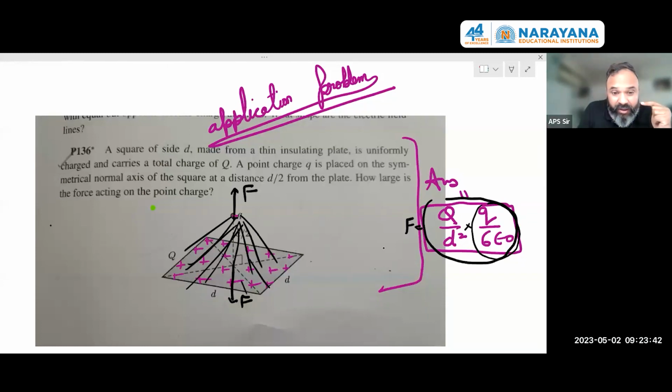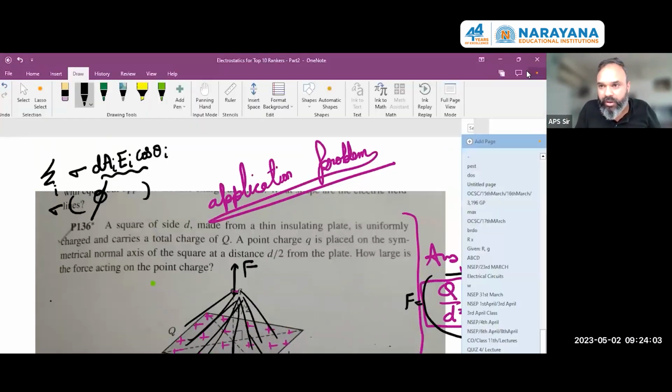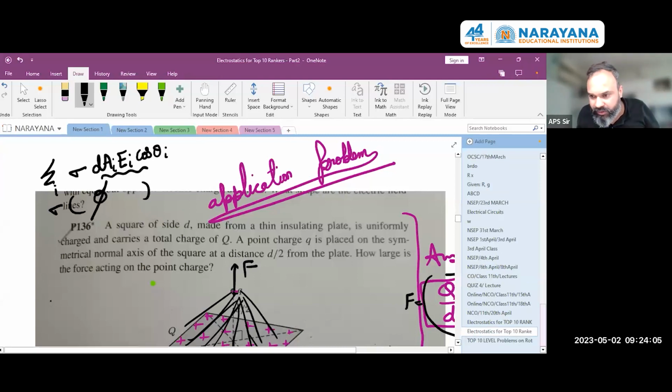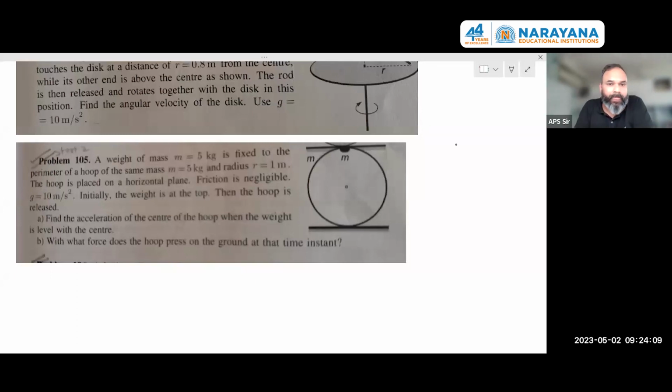Because the force there is sigma of the sheet into differential area into E into cos theta, the normal component. I just took sigma outside, and this becomes the flux because of small q on capital Q. And the flux I knew, so my answer is that. So it is a very simple problem. Now, I'll go to another conceptual one.